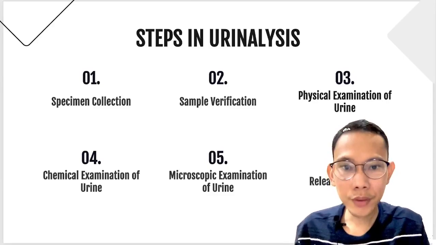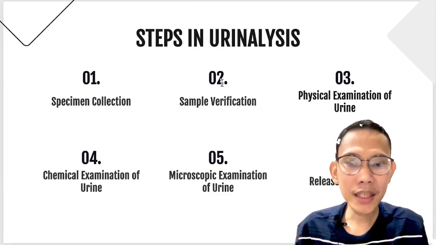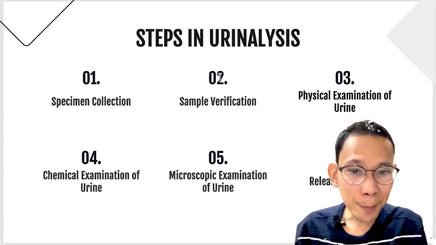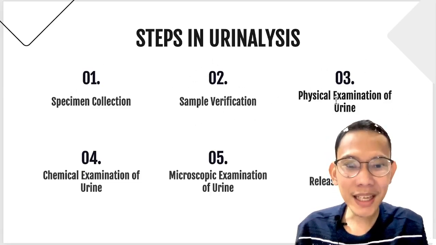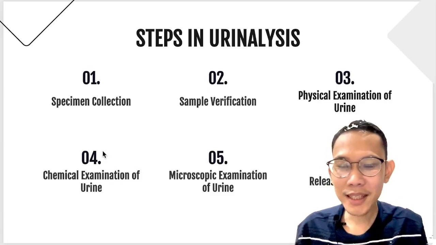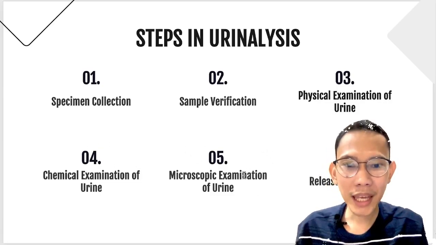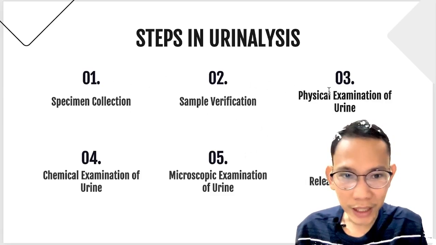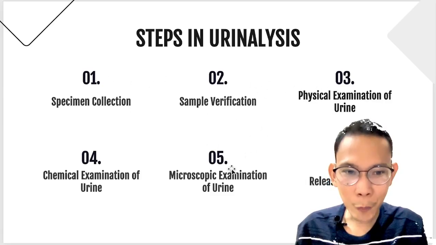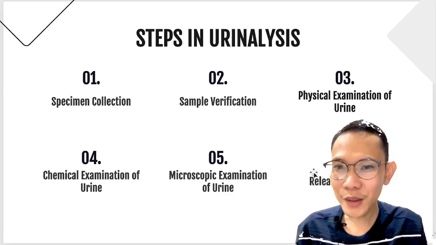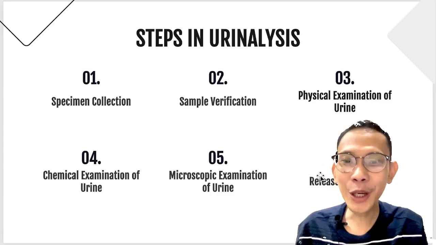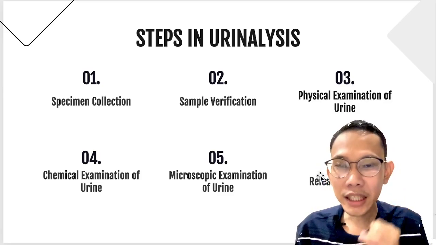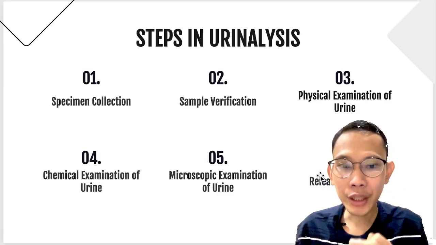So again, as a review, these are the different steps in your analysis: you already discussed your specimen collection, your sample verification, your physical exam of urine, chemical exam of urine, and microscopic examination of your urine. So basically, you are done with all of these until microscopic. Now, my part here is the release of the results. Before we can release results, you should be able to correctly read and report your urine sediments.